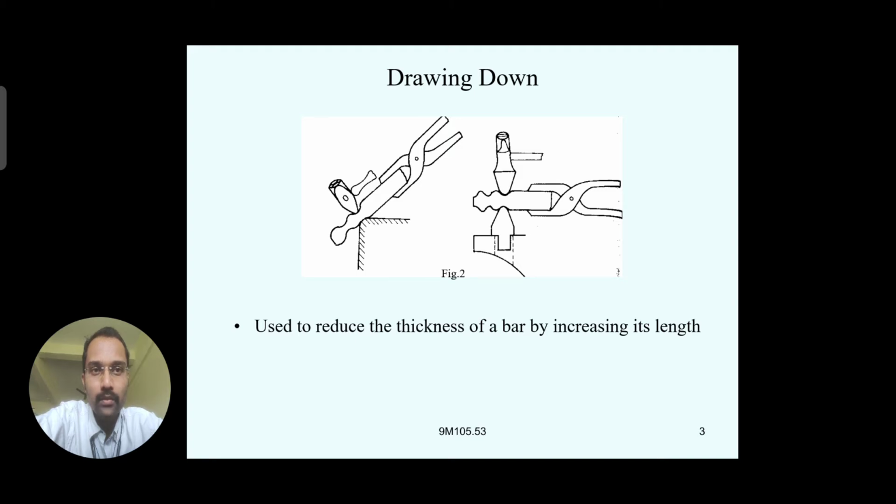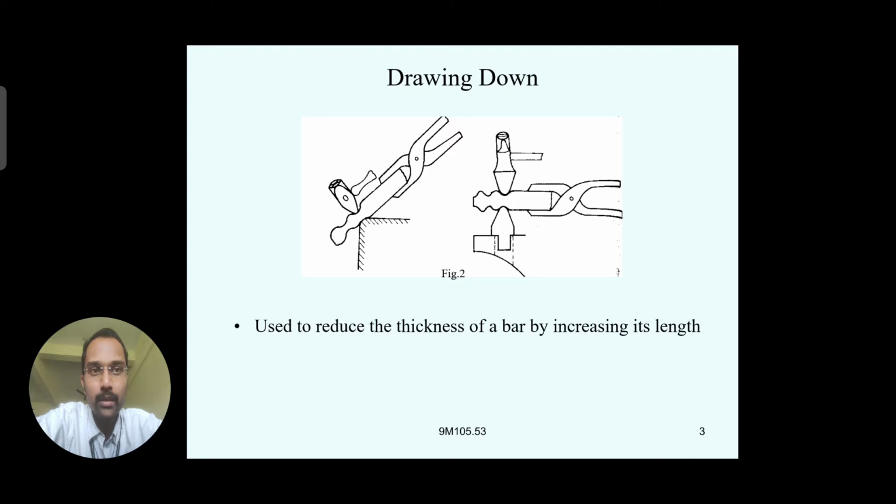In the first diagram the workpiece is placed at the edge of the anvil for support, and with the help of the fullering tool they make the necking operation, or a groove is provided. In the second diagram, they have taken two fullers, a bottom and a top part. The bottom part is fixed in the hardie hole, or Pritchel hole, with the shank portion of the fuller placed inside it.